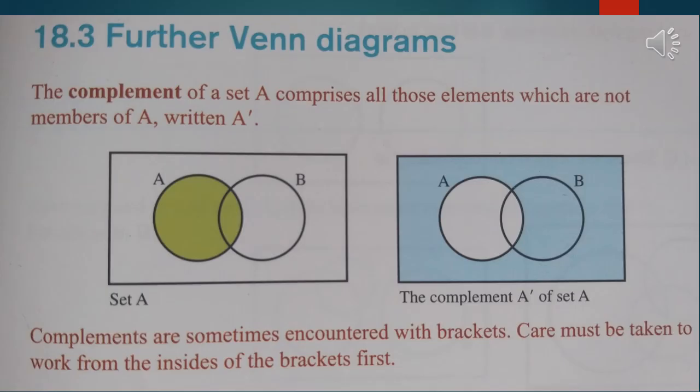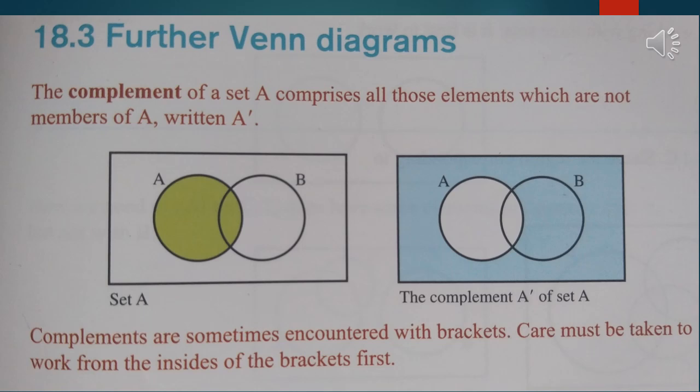We are coming to the third section of chapter 18, that is further Venn diagrams. Here the word complement is coming. The complement of a set A comprises all those elements which are not members of A, written as A dash.